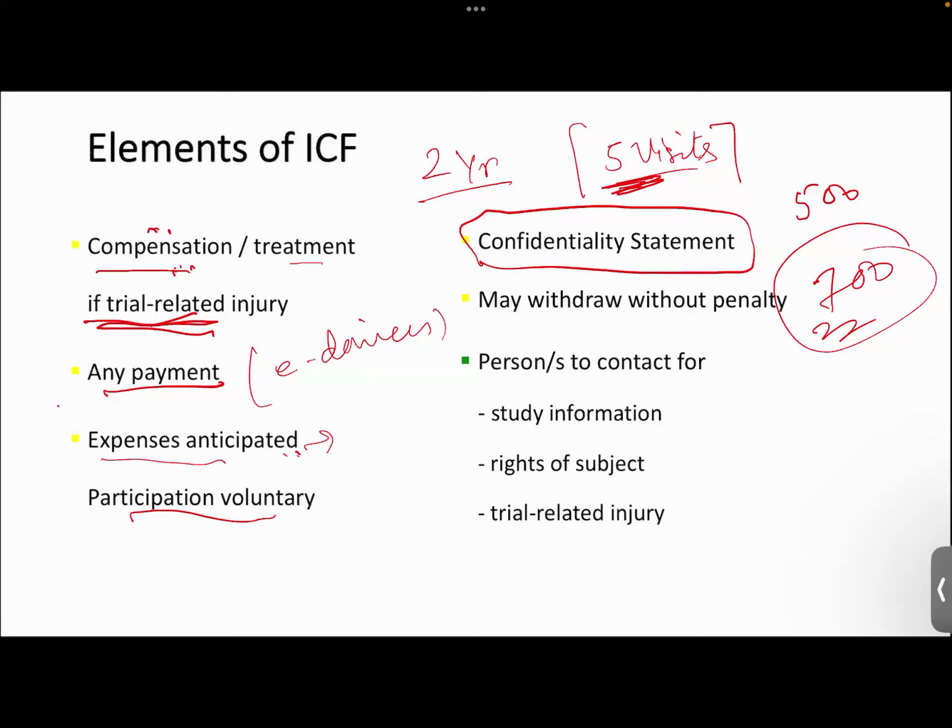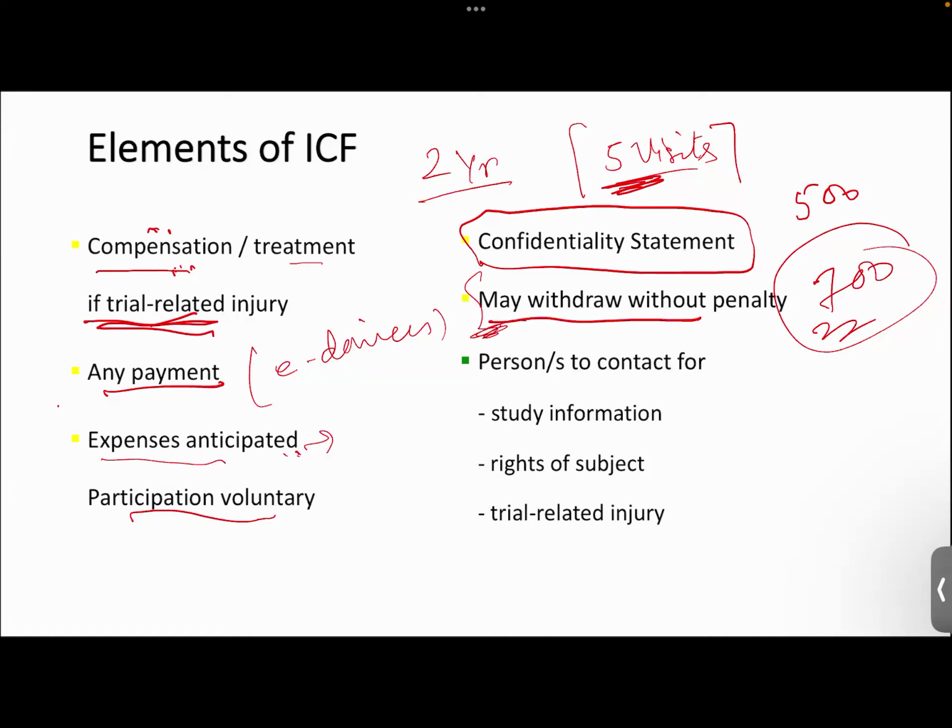Now you have all these advanced job roles also, randomization as well as redaction, where you redact the information. You also tell them that they may withdraw at any time without any penalty. This also is a part of your protocol.